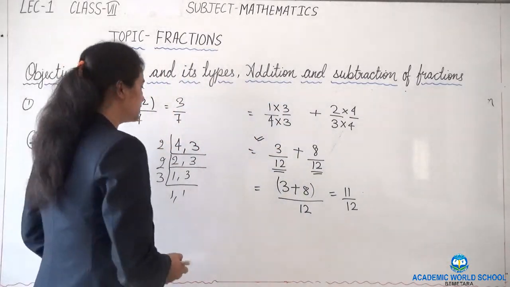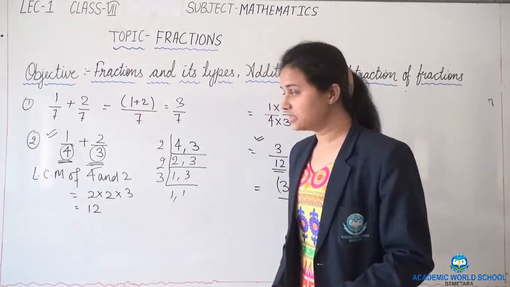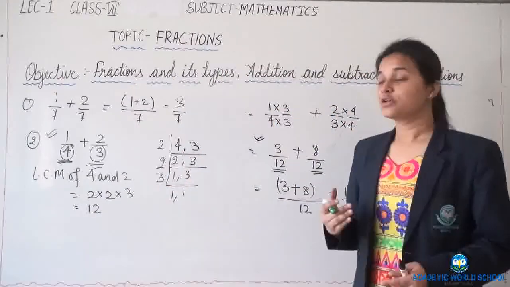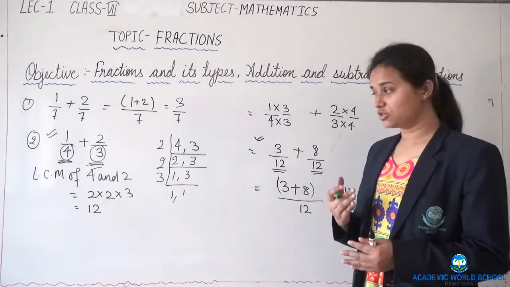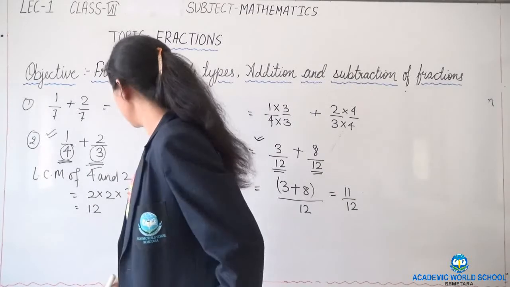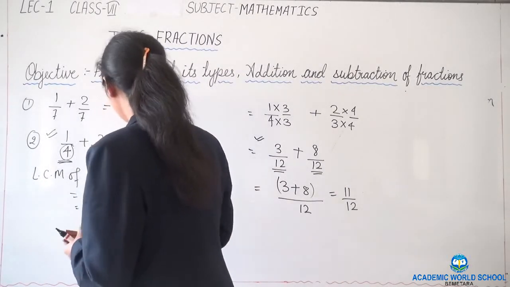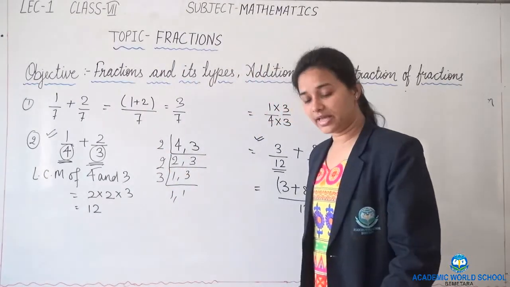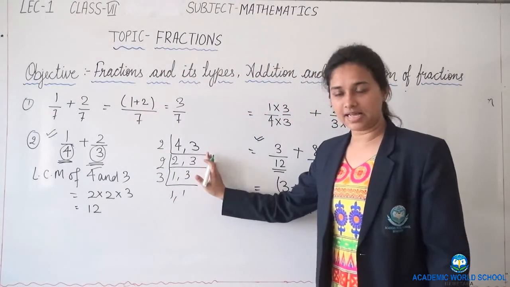Now if you observe, in the example we have done, we converted the unlike fractions into like fractions. For that, we took out the LCM of 4 and 3 by the LCM method.